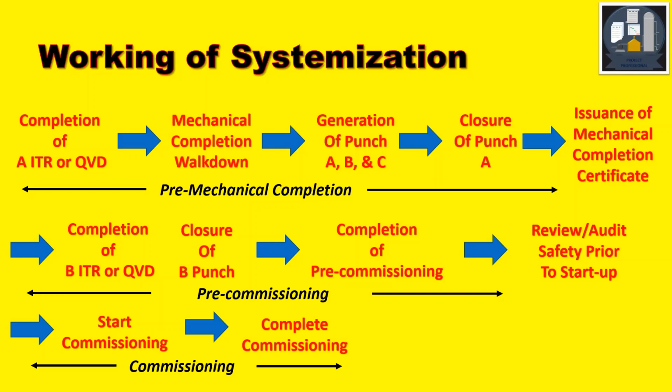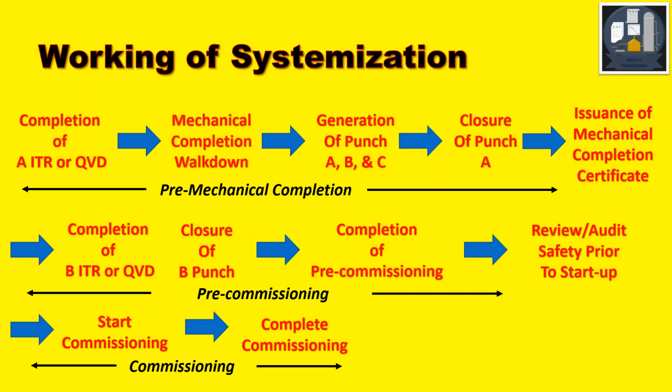So these are all the pre-commissioning phase. After that, we do a review or audit of safety prior to startup. It is just to check that it is safe to commission and startup. Once it is okay, and whatever points or punch are generated here also, we have to close. Then we can start.